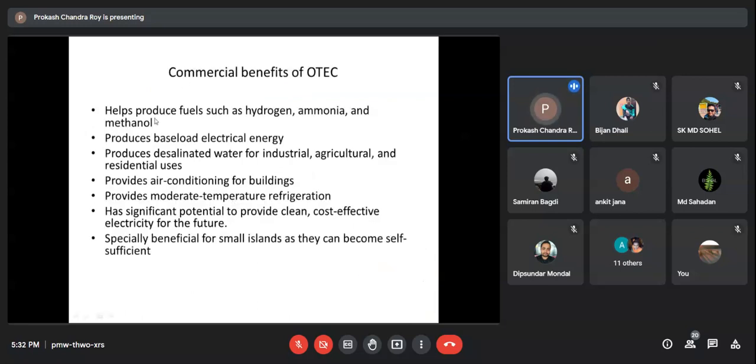And some of the commercial benefits, if you consider remote areas, you can utilize some of the power to generate electricity or to run air conditioning devices and some other purposes.